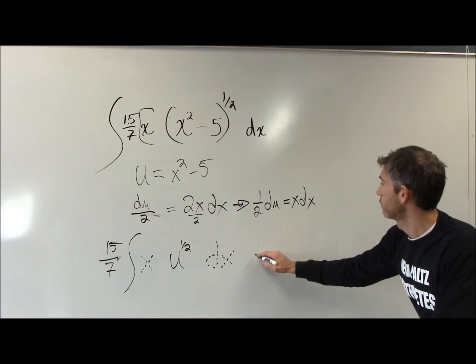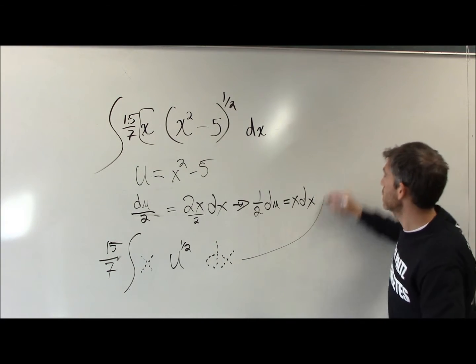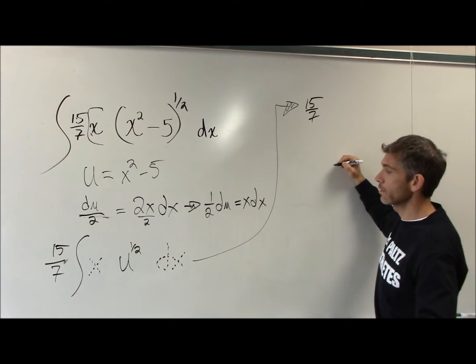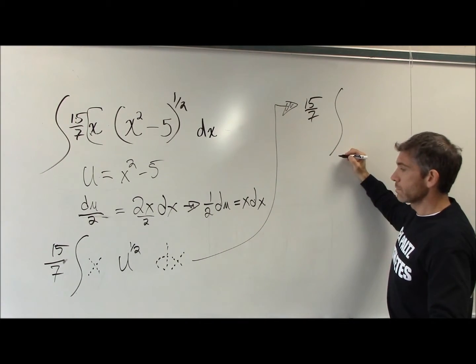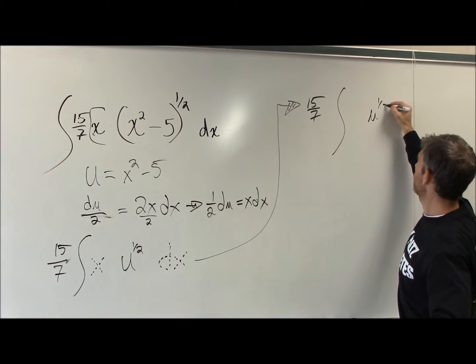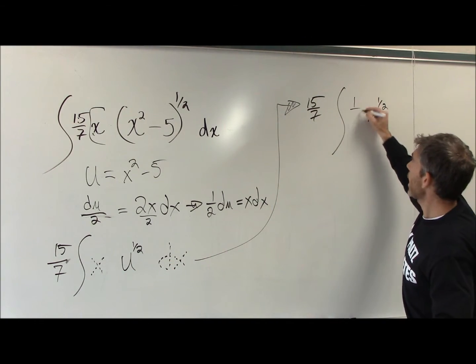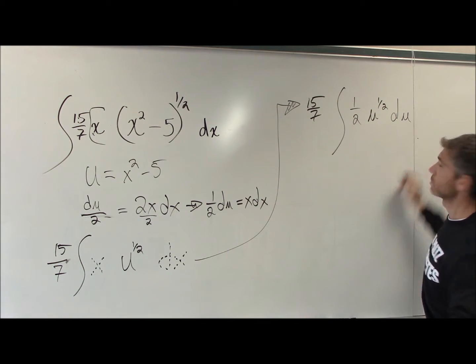So I could probably rewrite all of this. I have the 15/7 there from before. The integral symbol, u to the 1/2. The x dx is now 1/2 of a du.